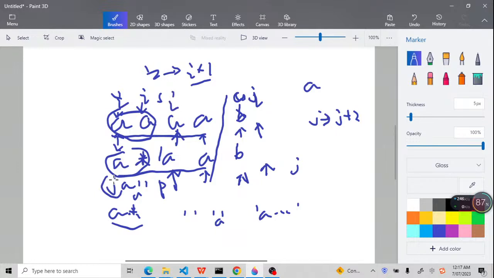But here, this J can move two places, as I already explained. It moves to here. And this I will stay the same. So this is the formula. If I stay the same, J moves two places. This formula is if J keeps the same, J equals J, and I moves one place.